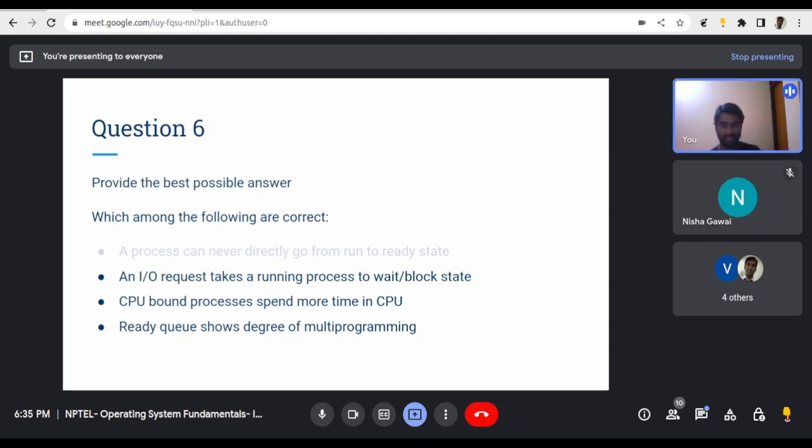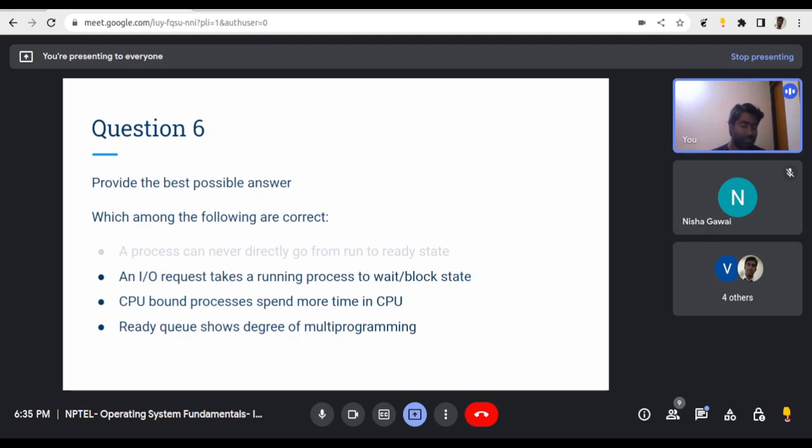There are various algorithms for deciding which process will get the execution of the CPU. Depending on that, the processes will be picked up one by one from the ready queue and executed. But from the user perspective, it will appear as if all the processes present in the ready queue are actually executing, right?